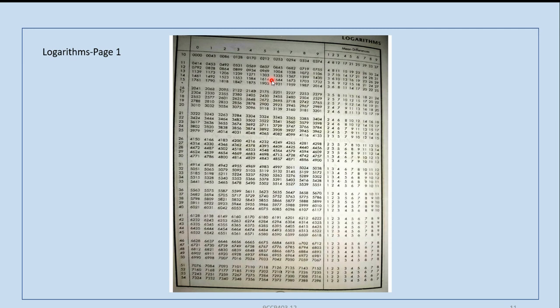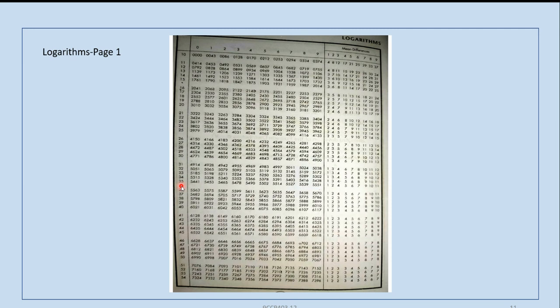We put 3 point, then the first two digits are taken. The first two digits are 3 and 5, 35. So 35 is taken in this column. In this column you search for 35. Here 35 is there. This is the row relating to 35.